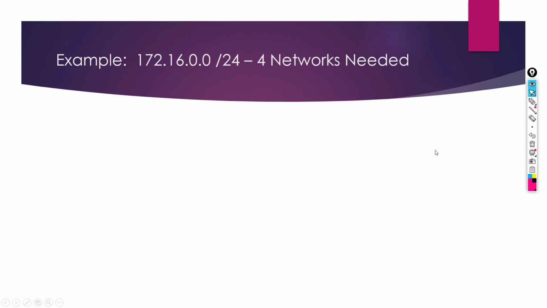Let's take this one, and you should do this on paper until you get used to doing this step. So the easiest thing to do here is we have our address here. So there's our base. We know how many networks we need. So we'll plug it into our 2 to the power of y equals n, and 2 to the power of y equals 4 because the number of networks is known.